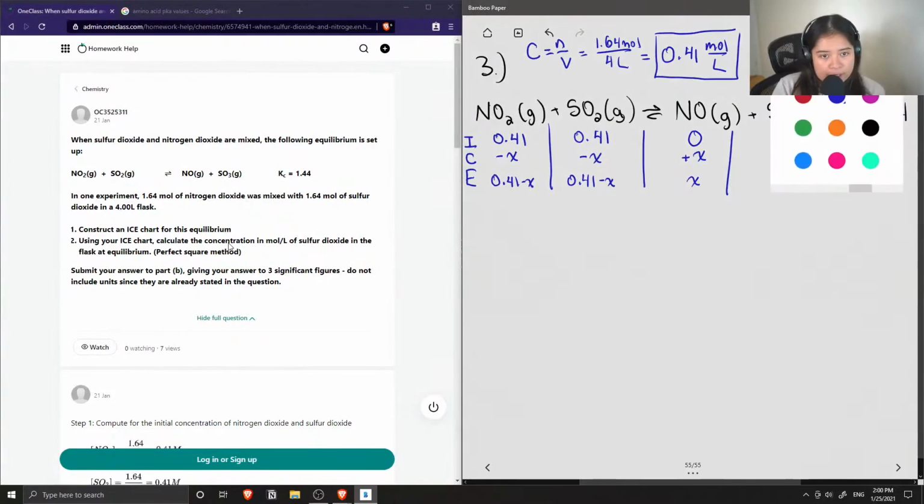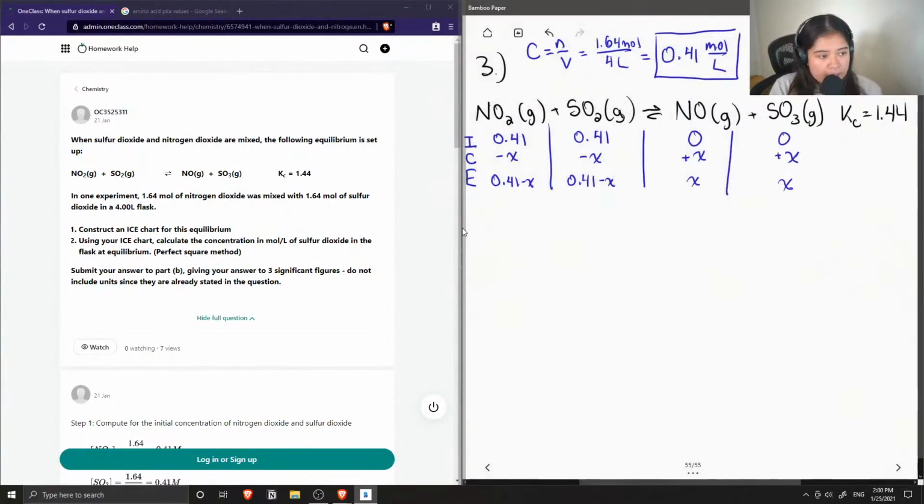And now let's write out our expression for Kc. So Kc is equal to the concentration of our products multiplied together divided by the concentration of our reactants.